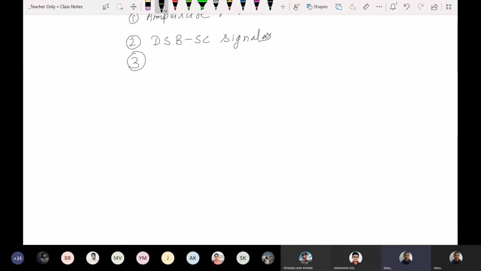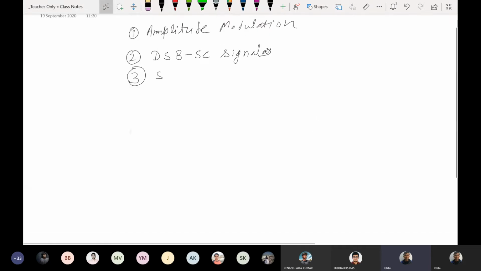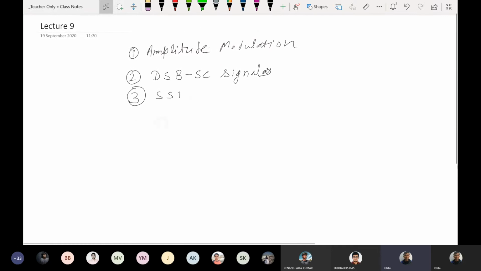And three, we have talked about single sideband modulated signals, and we have talked about demodulating these signals as well.